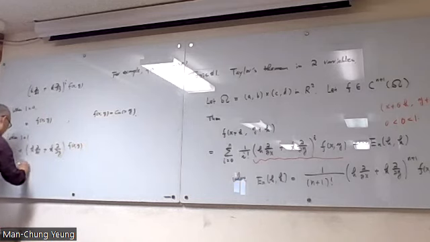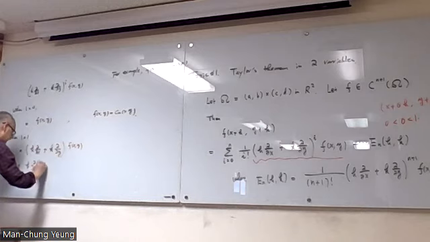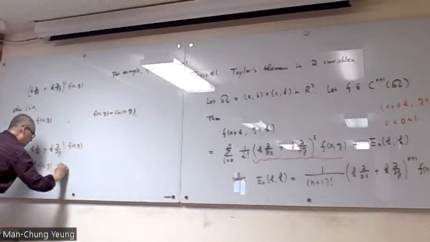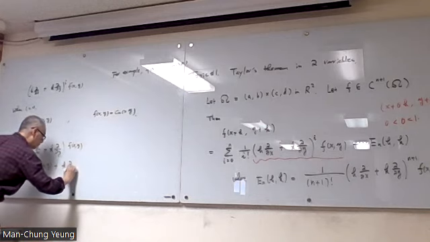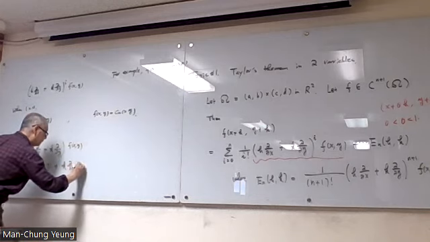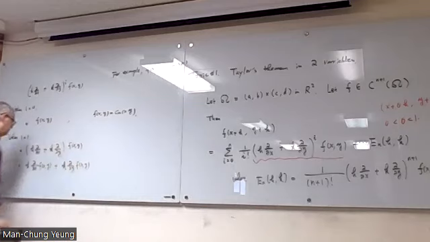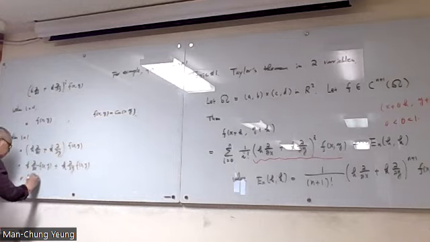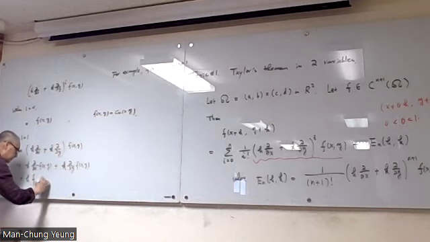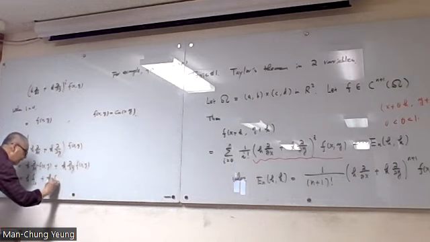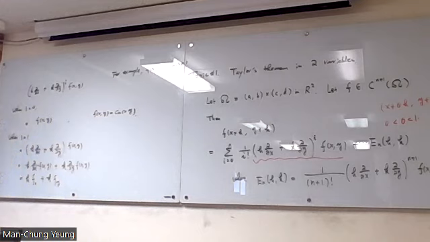So this is h partial x f plus k partial 1 f.